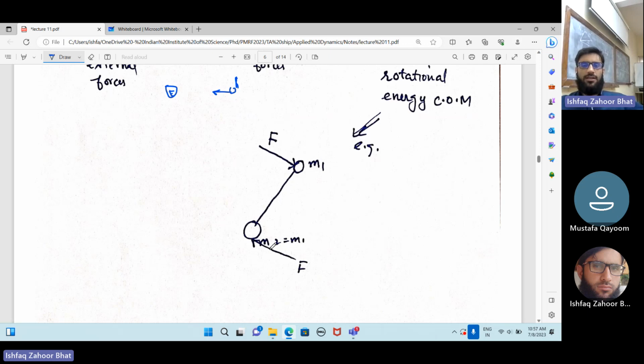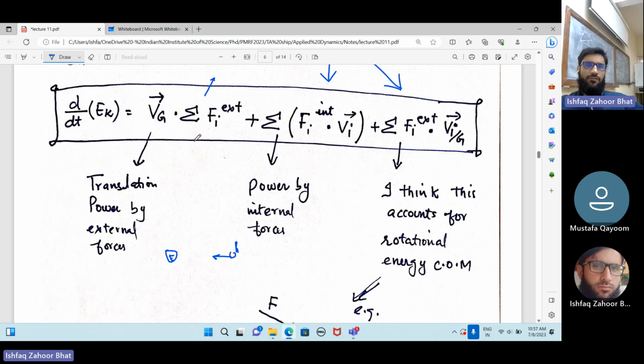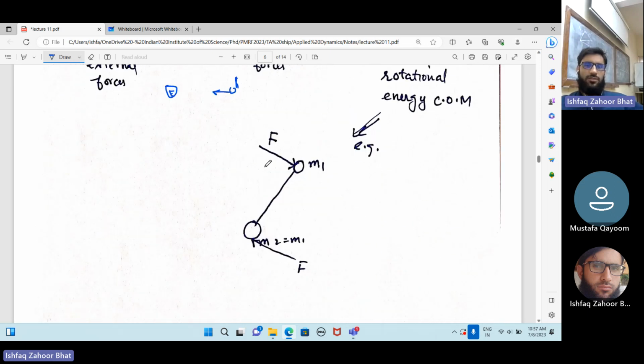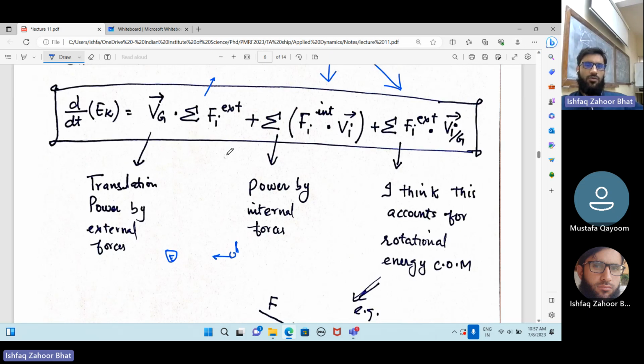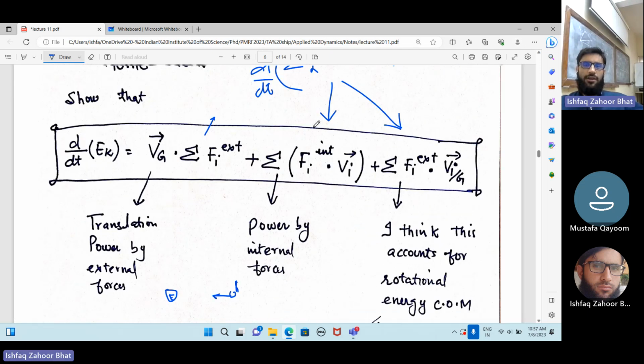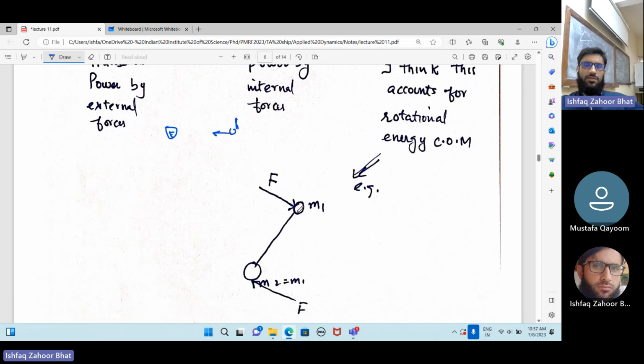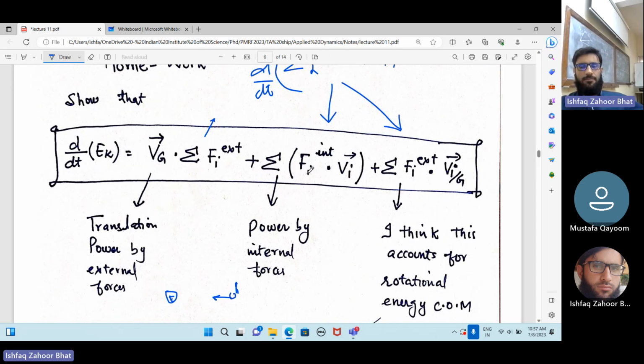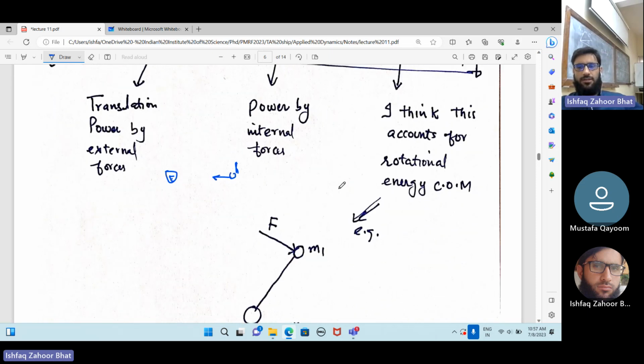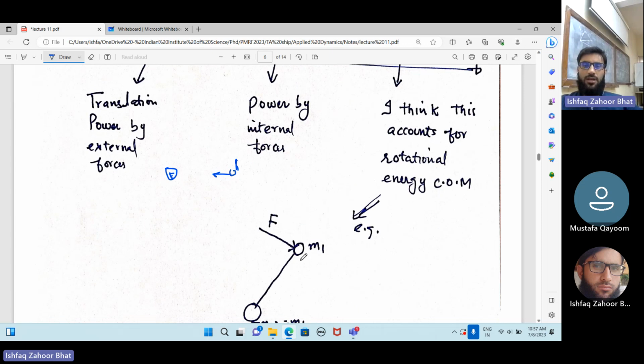The only difference is that the direction is opposite. Okay, so summation of F is 0. Obviously, if you sum this and this, it will come out to be 0. This term is 0. And Fi internal, there is no internal force. I am saying that this mass and this mass have no internal interaction. So there is nothing like this Fi internal. Okay, so this is also 0.